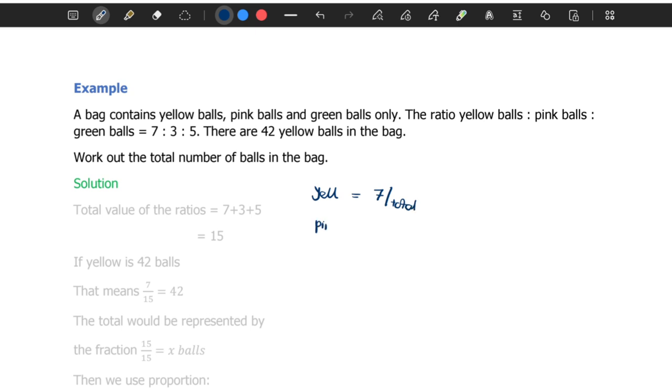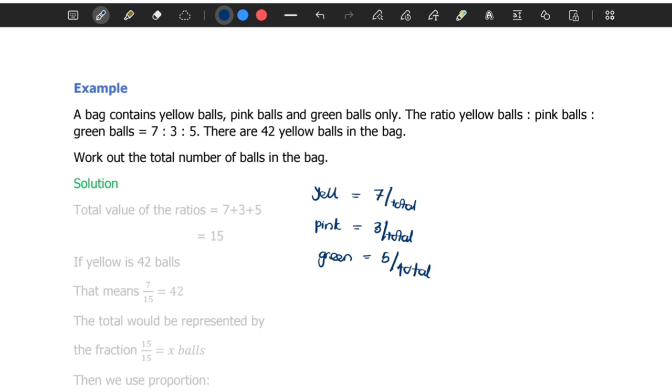Pink is 3 of the total, and green is 5 of the total. Right, just by reading that.